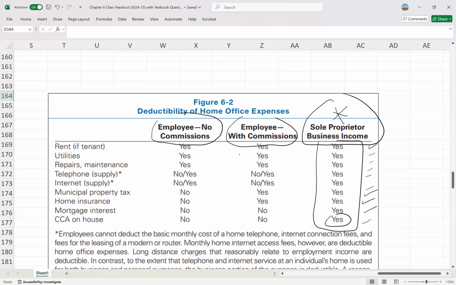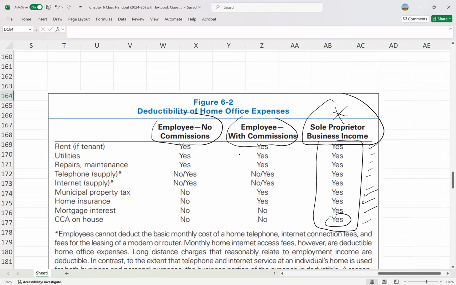What we'll learn in chapter 8 is that if you own a principal resident and you sell that principal resident later on, the gain is not taxable. It could sort of be tainted if you use a large portion of the house, let's say for business, and you take CCA on the house. It could also be tainted if you, let's say, rent out a large portion of the house and you take CCA to deduct against your rental income.